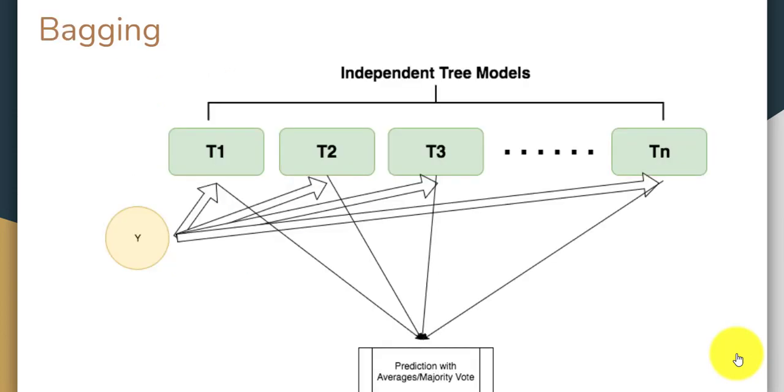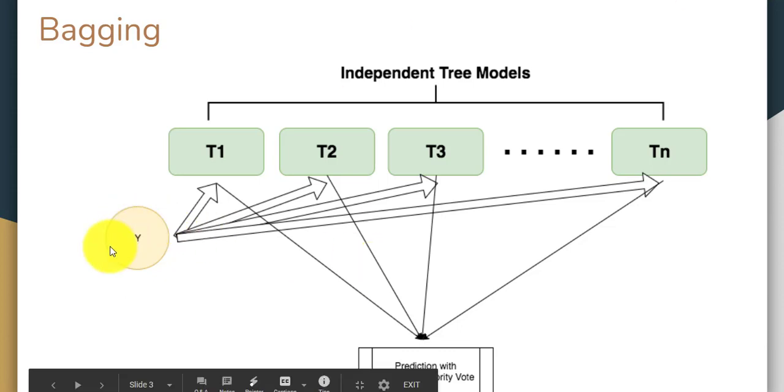So basically there are different ways in which we can combine multiple decision trees. The first one is bagging, which is bootstrap aggregating. In this kind of setting we combine trees trained in parallel.